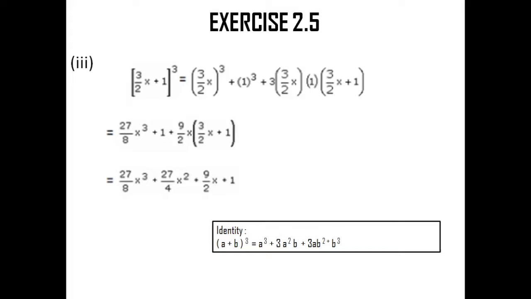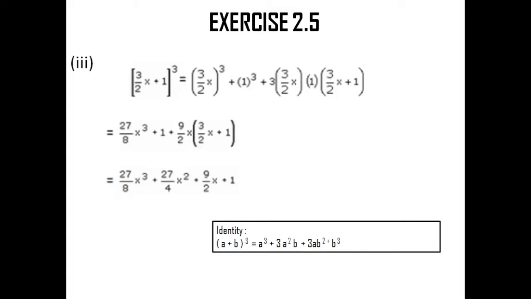So simply putting the value of a and b, that is 3 by 2x and 1 respectively in the identity, the final answer that we shall be getting is 27 upon 8x cube plus 27 upon 4x square plus 9 upon 2x plus 1. Isn't that easy? The question may look different with the fractions involved, but the method remains the same.